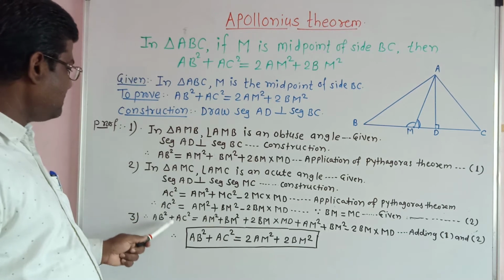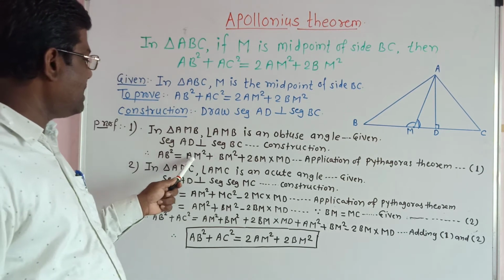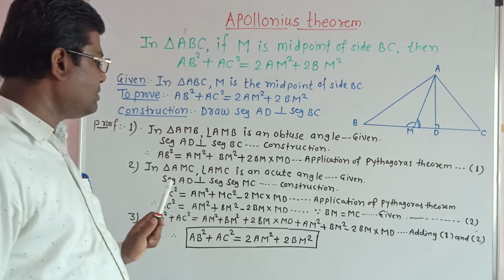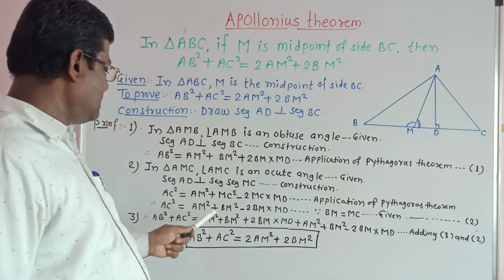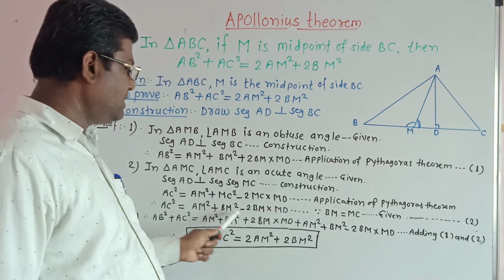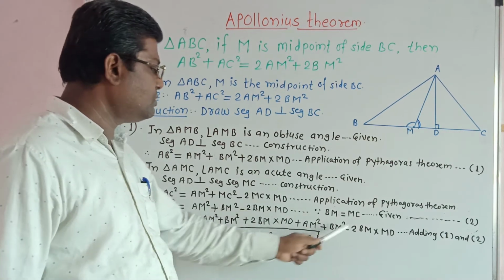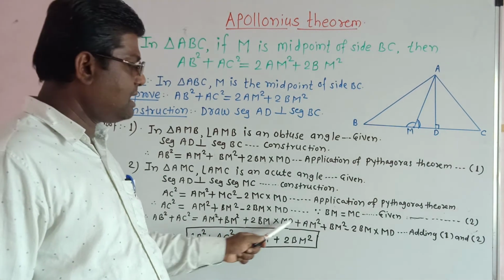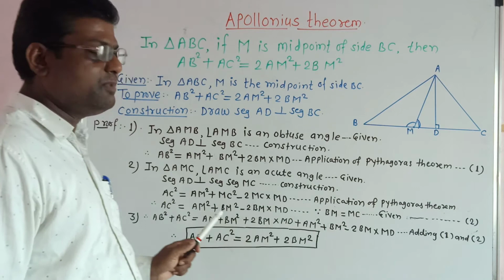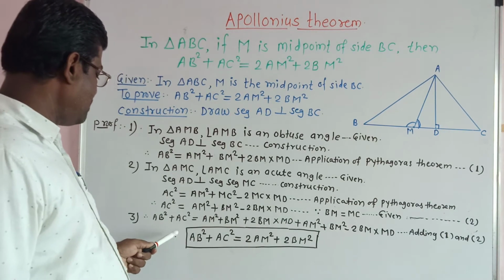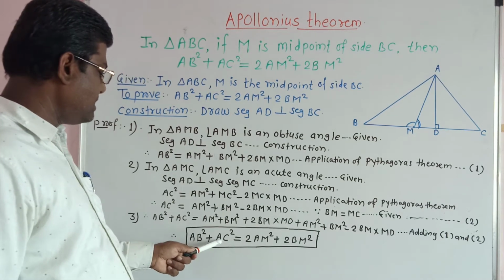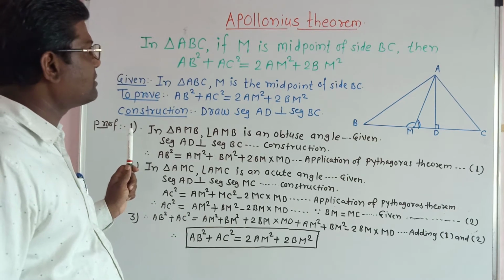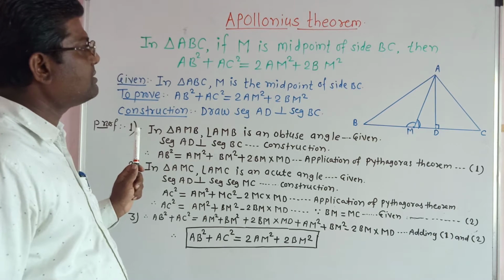AB square plus AC square is equal to AM square plus BM square plus 2BM into MD plus AM square plus BM square minus 2BM into MD. Plus 2BM into MD and minus 2BM into MD will get cancelled. So we get AB square plus AC square is equal to 2AM square plus 2BM square. This is called Apollonius theorem.